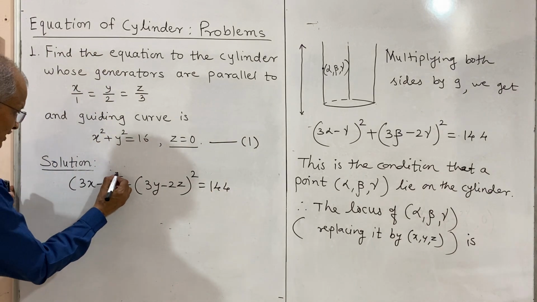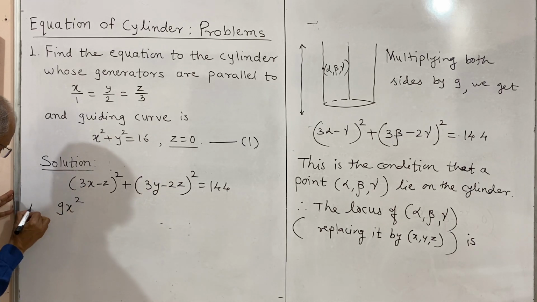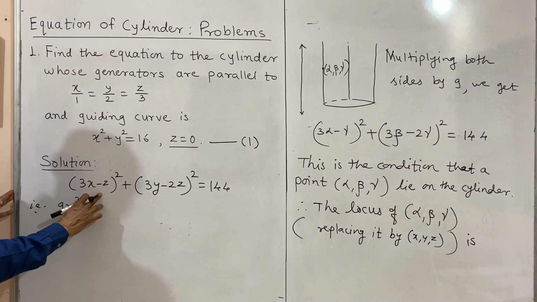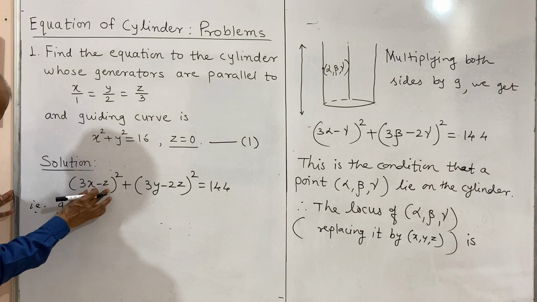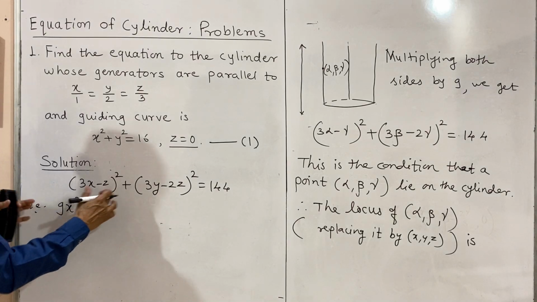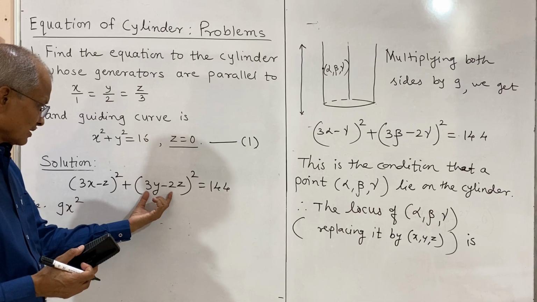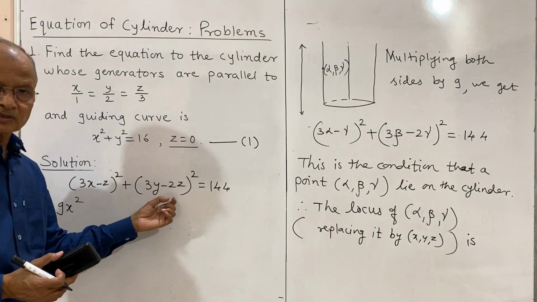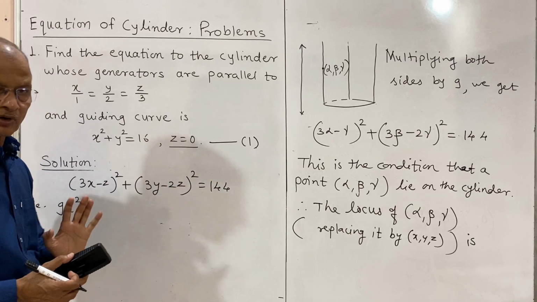See, the square expansion is 9x square minus 2 into 3x z, that is minus 6xz, plus z square. This is 9y square minus 12yz plus 4z square, and is equal to 144.